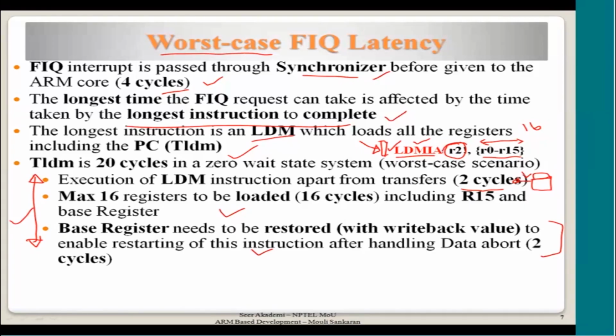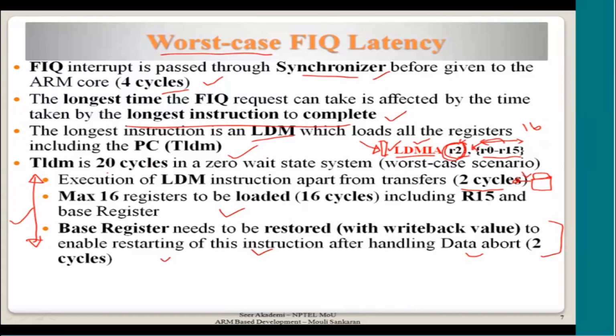So it has to be restored. So it will take 2 more cycles to write back, to keep the condition of R2 with the updated value, what would be the value of R2 if this instruction had been executed fully, not the copied value from the memory, so that the instruction can be restarted after the handler has done the job. So that takes 2 more cycles.